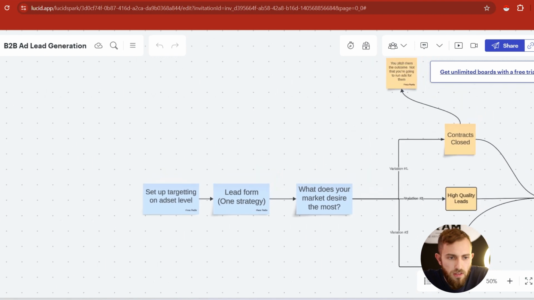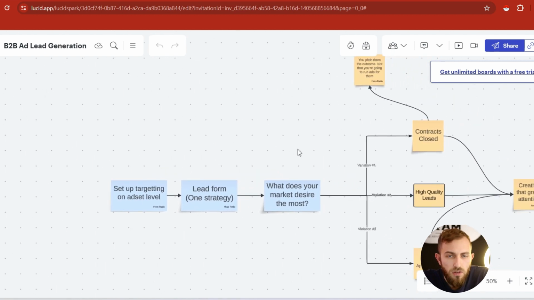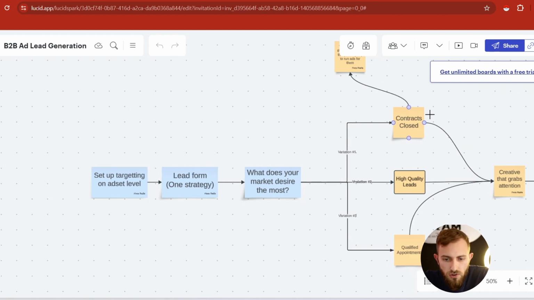And then on the ad level, what you want to do is figure out what your market desires the most. For the contractors I was running ads for, I created different variations of their main desires. Variation one was closed contracts. Variation two was high quality leads. And variation three was qualified appointments with prospects.